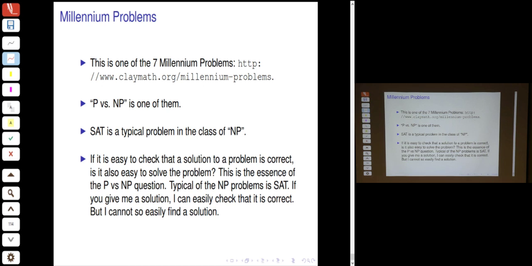So therefore, it's a fantastic thing, right? On the face of it, solving a problem is much more difficult. If you are able to show P is NP, then solving a problem is more or less the same as checking the solution. So most people will guess that P is not NP, but they are unable to show it. So there's still a chance that P equals NP.